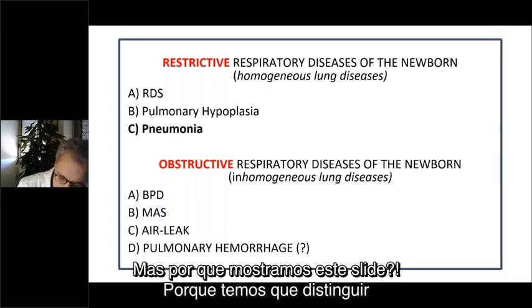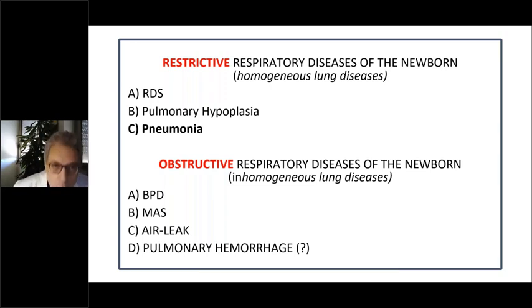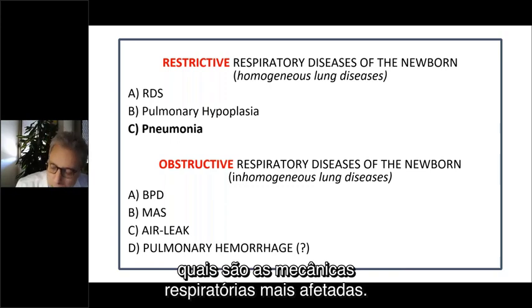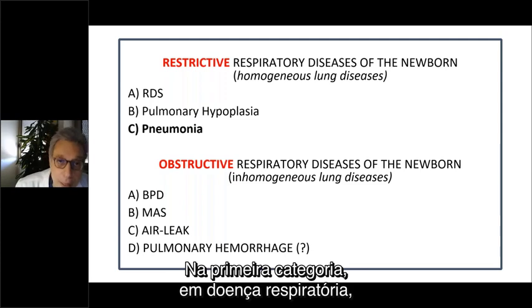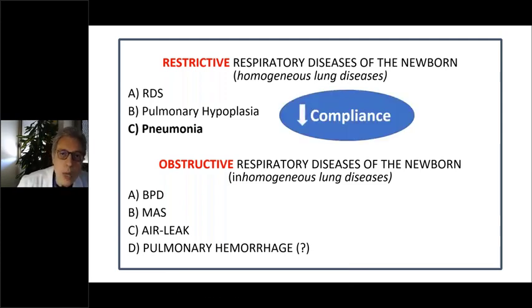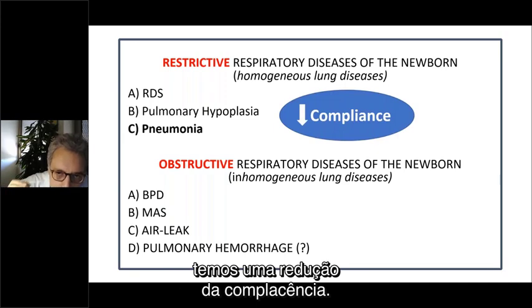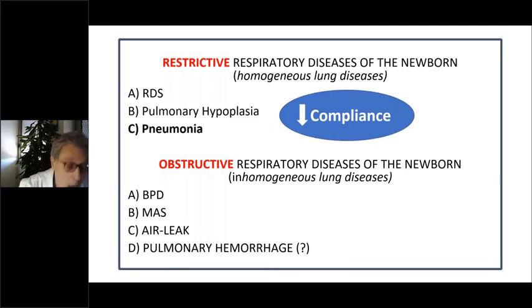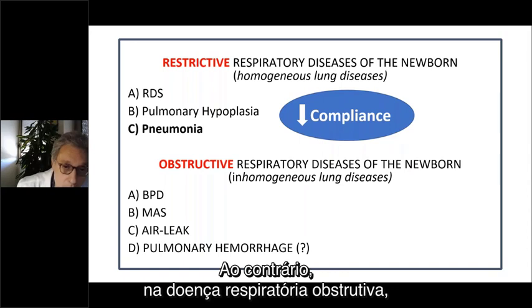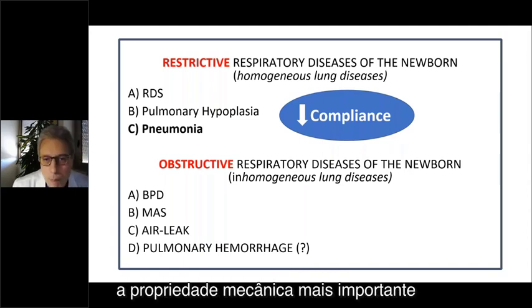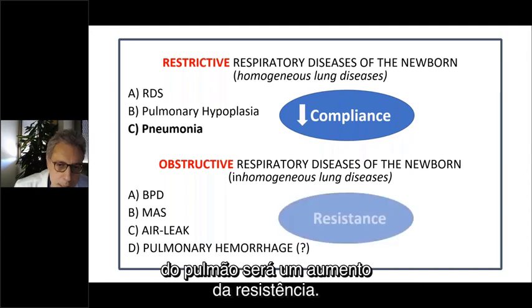But why do we show this slide? Because we have to distinguish which are the most affected respiratory mechanics. In restrictive respiratory disease, we have a reduction of compliance. On the opposite, in obstructive respiratory disease, the most important mechanical property of the lung will be an increase of the resistance.